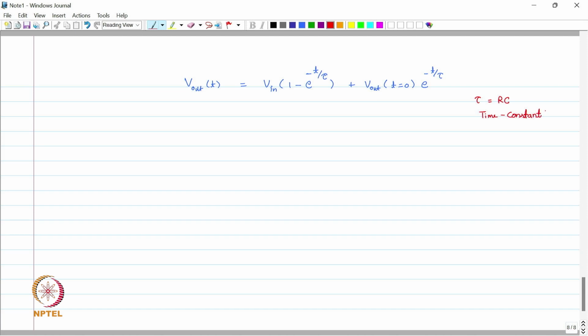This RC has a unit of time. We can see t upon tau, so both t and tau have the same unit. So this tau or RC we call the time constant.